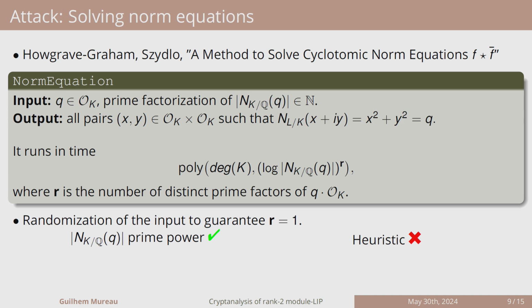The randomization is just here to guarantee norm equations which are easy to solve, because in the approach I presented, we need all solutions, but actually we proved that we need only some specific solutions. We know where to locate them, so the randomization is no longer needed, and the approach is no longer heuristic.